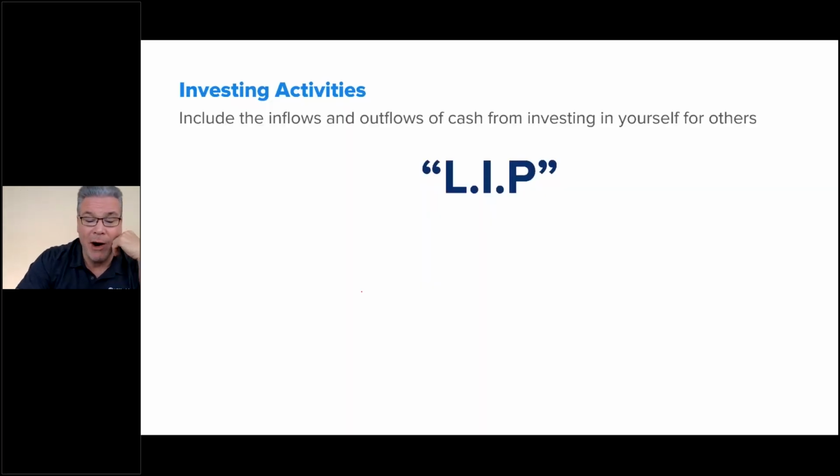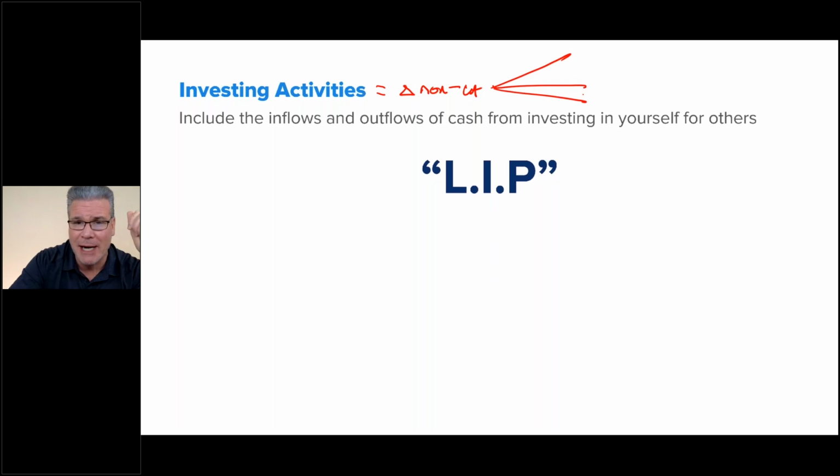Okay, so our investing activities, what's this about? Well, the change in our non-current assets. Be on the lookout for 3 different types of transactions. Loans that you make, where you are the lender, not the borrower, the lender. If you're the borrower, it's financing. We're talking about being the lender.